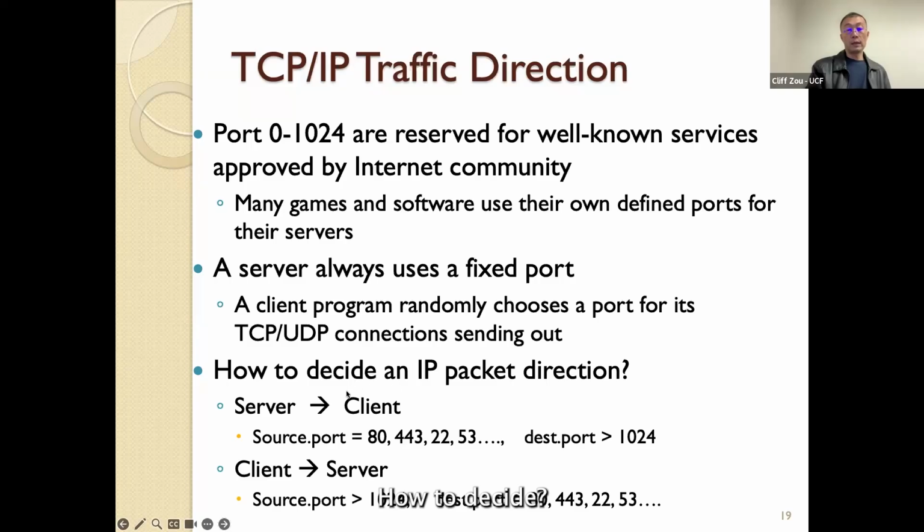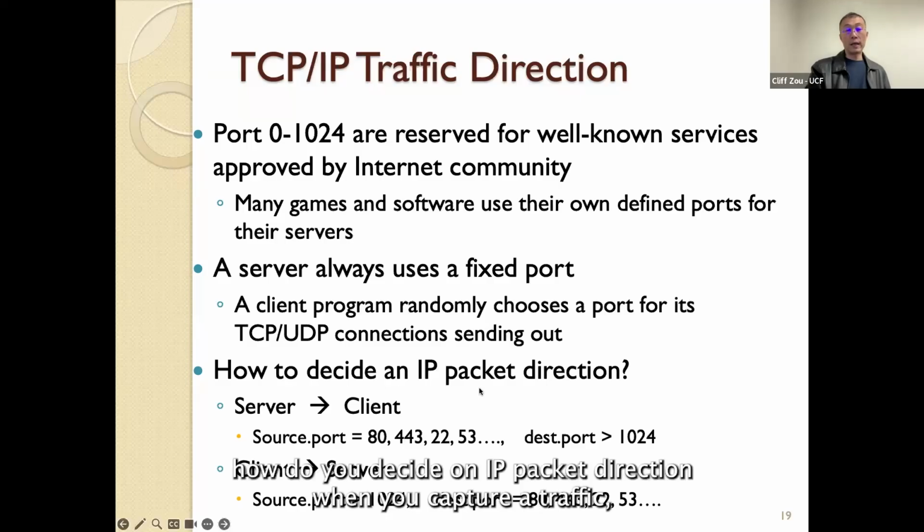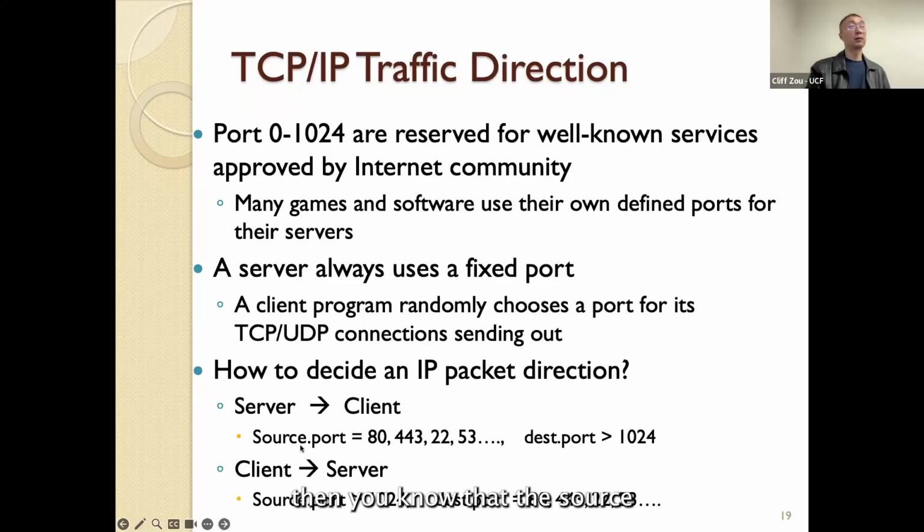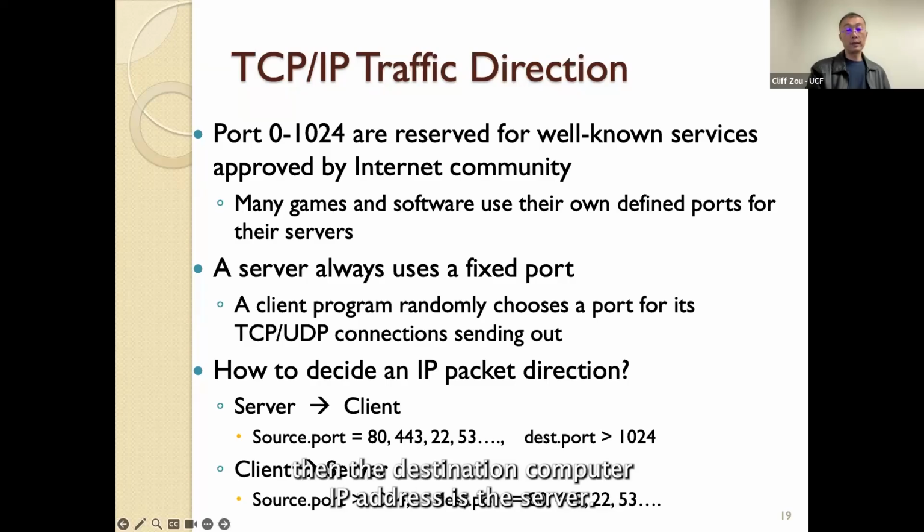How to decide? This is for network traffic capturing: how to decide the IP packet direction when you capture traffic. If you see the source port is a well-known service port, then you know that the source computer is a server. If the destination port is a well-known service port, then the destination computer IP address is the server.